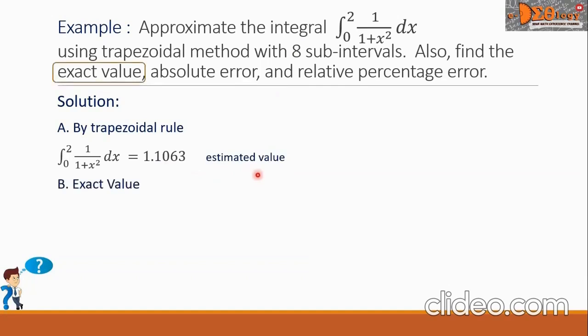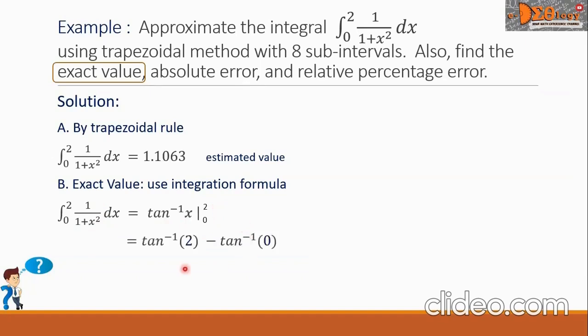Now we're going to get the exact value. In here, we're going to use the integration formula. The integral of 1 over 1 plus x squared dx is equal to the inverse tangent of x. And we are going to evaluate this with respect to the limits from 0 to 2. We can now substitute and it becomes the inverse tangent of 2 minus the inverse tangent of 0.